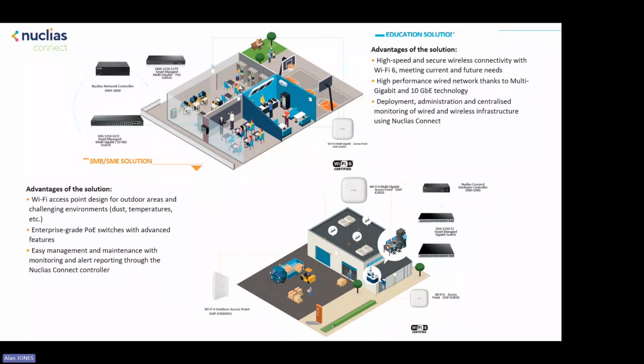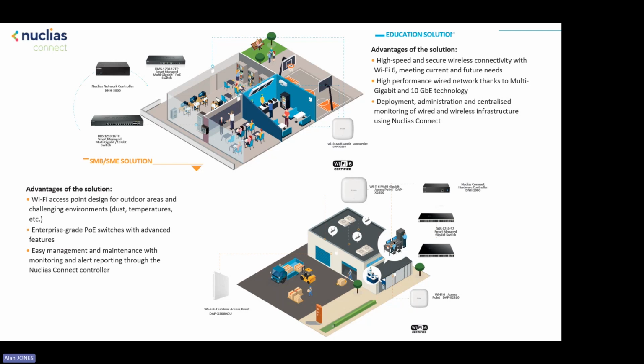So in this one, we've included a Wi-Fi 6 outdoor access point just to show that you can set the network up in the same way as we did in the first network, covering the smaller warehouse, but with a higher density access point to make sure that all of the areas of the warehouse are covered, because notoriously warehouses will have very high roofs and the metal and the machinery can interfere.